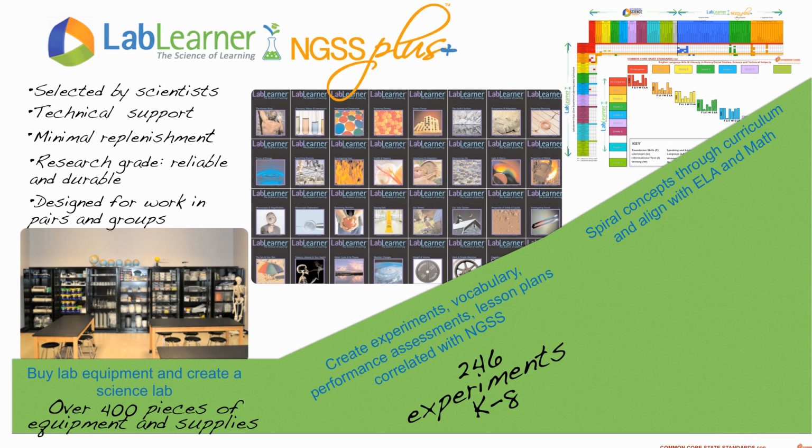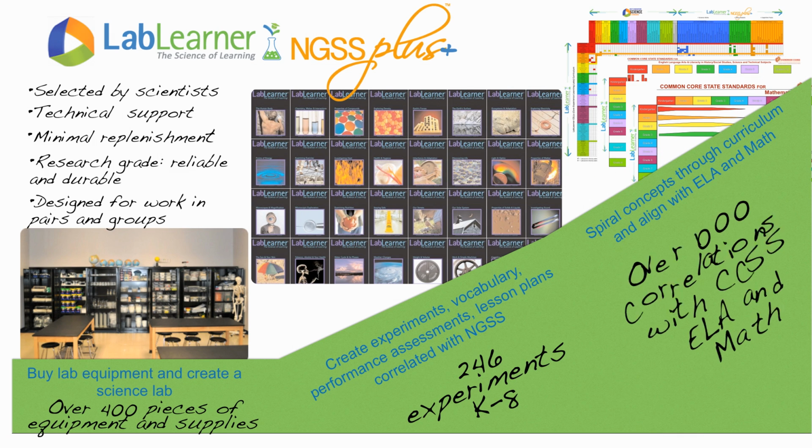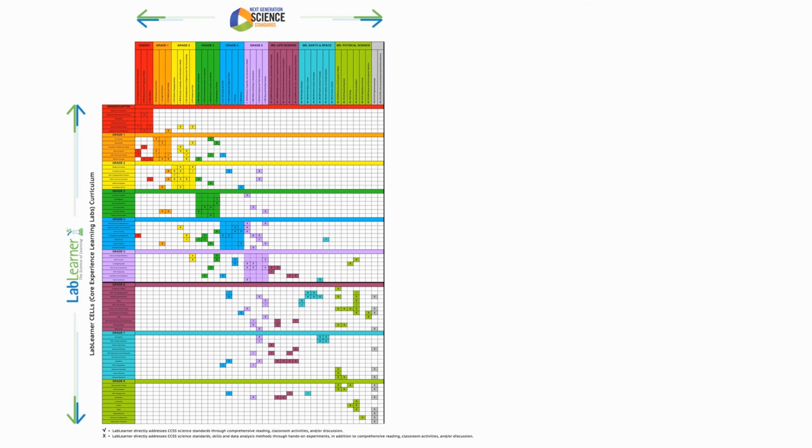Here's another way to look at LabLearner and the next generation science standards. What you see here are the LabLearner units along the vertical axis and the next generation science standard core ideas along the x-axis. You can see that the LabLearner program aligns conceptually with the disciplinary core ideas of the next generation science standards.